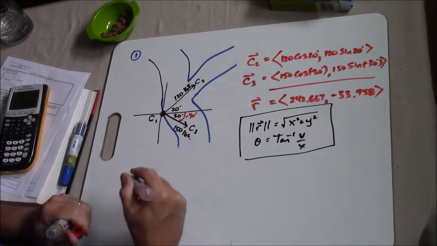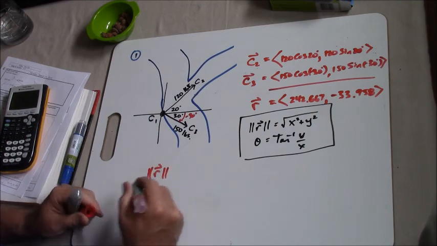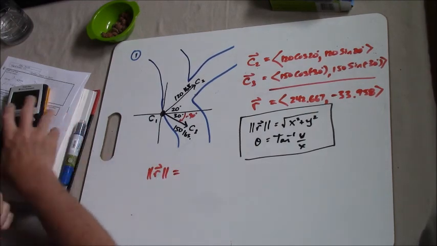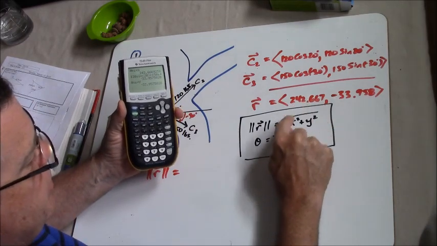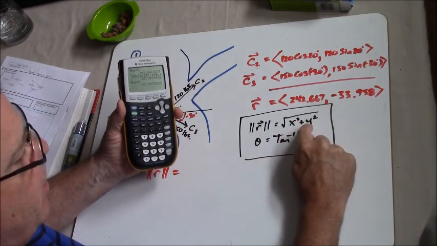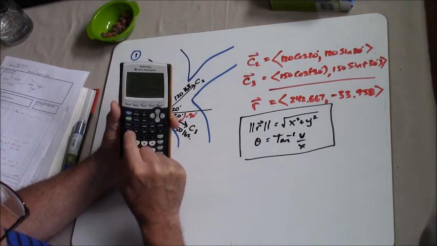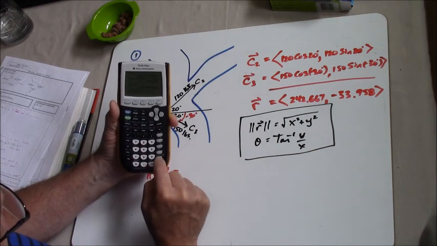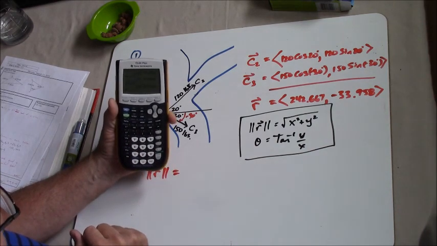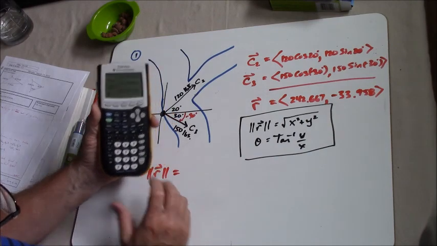I need to say that the magnitude of my resulting force is equal to, and I'm just going to put this right into the calculator, because remember I stored this number in x and this number in y. So if I go square root of x squared plus alpha y squared and hit enter, there it is, 245.031 pounds of pressure.